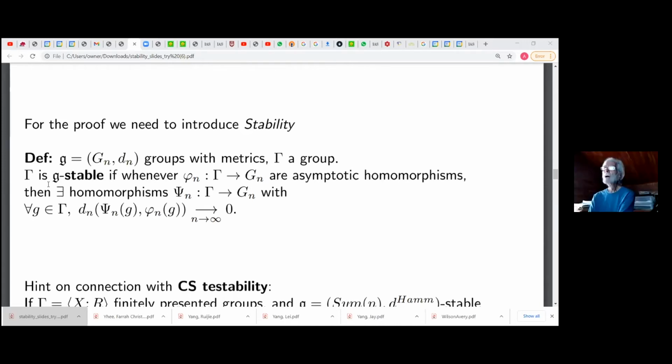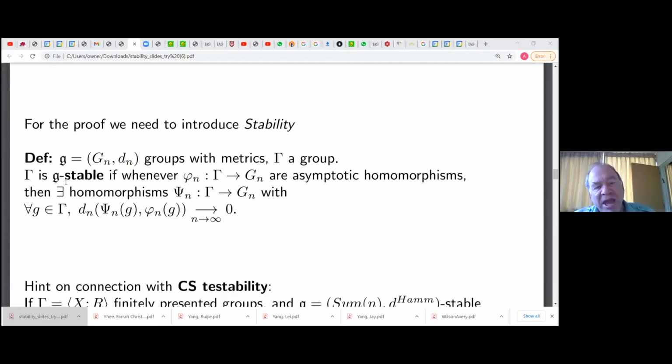We say that gamma is G-stable if whenever we have asymptotic homomorphisms as before from gamma to Gn, they are not really something new. You know, you can always take a true homomorphism and change it a little bit.